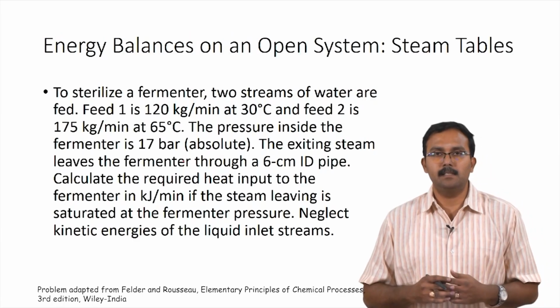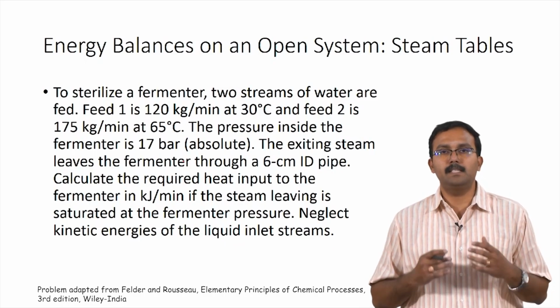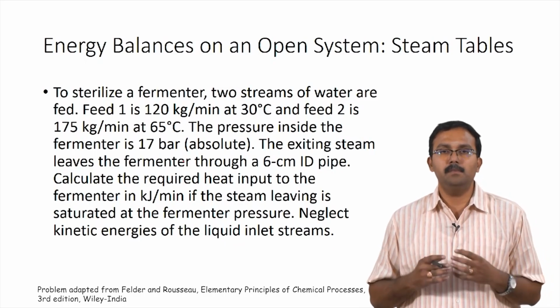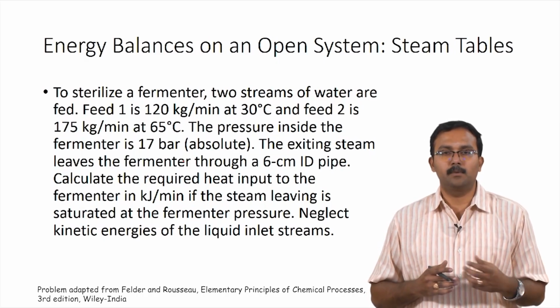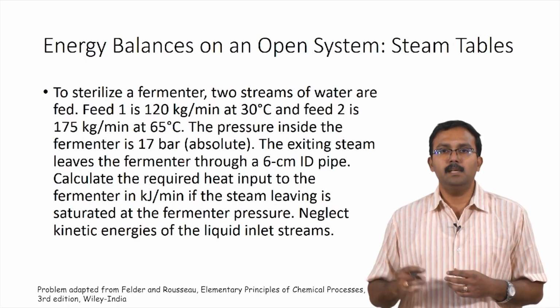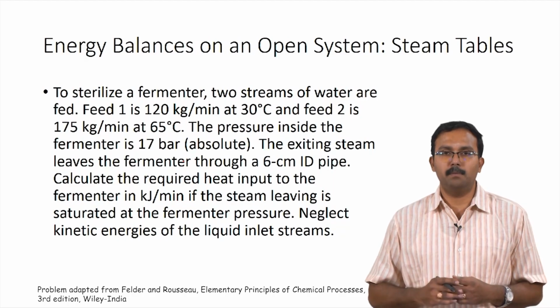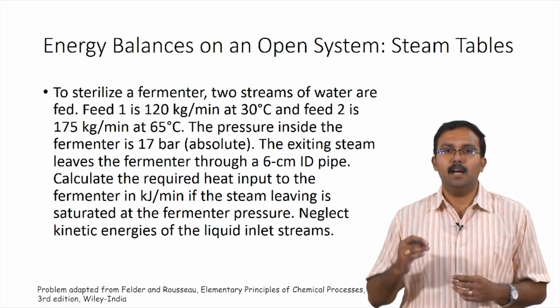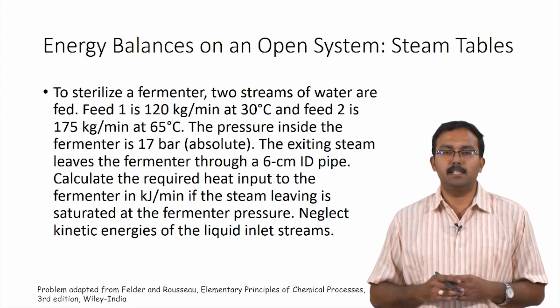Here is the second system. Here again you have an open system, however, here we will be using steam tables instead of using m integral Cp dT. So, let us look at the question. To sterilize a fermenter, two streams of water are fed. Feed 1 is 120 kilograms per minute at 30 degrees Celsius and feed 2 is 175 kilograms per minute at 65 degrees Celsius.